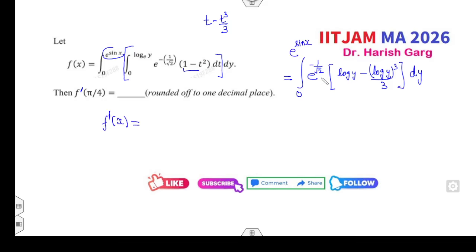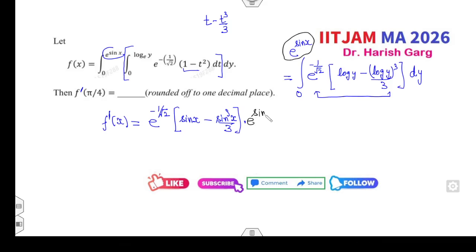Fine. So first, the partial derivative of the function with respect to x will be 0. I can substitute the upper limit 1 by root 2. Fine. Log of e power sin x minus sin cube x divided by 3 into derivative of e raised to power sin x into cos x.